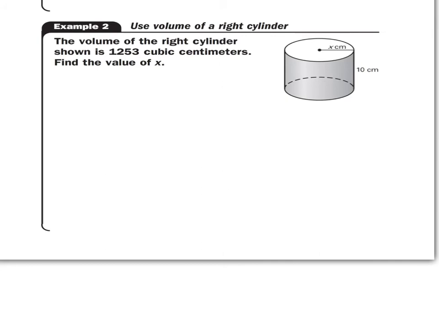So, again, I write down my formula. Volume is pi r squared times the height of the cylinder. I know this time the volume is 1253. I don't know my radius, though, it's x, so I have to figure that out, times the height of the cylinder, which in this case is 10.